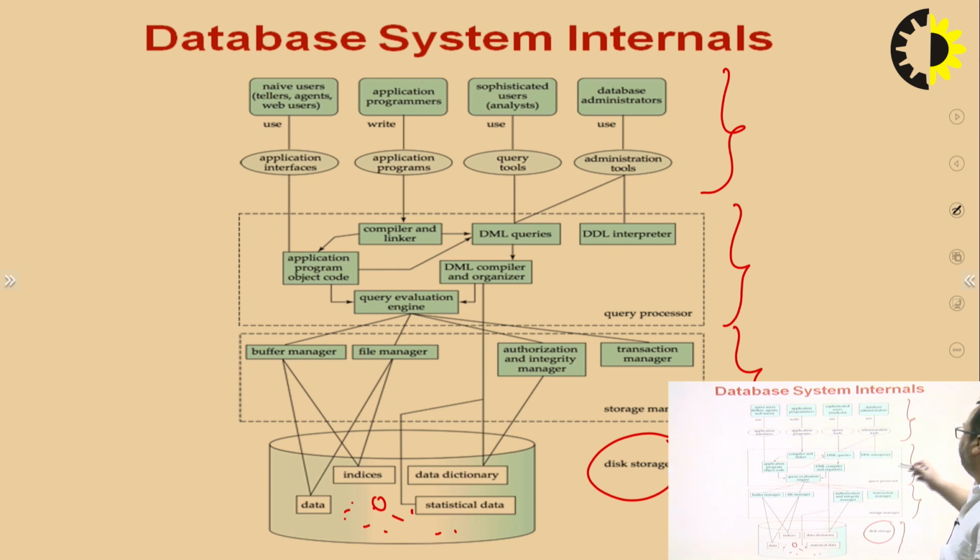The query processor is going to execute or process the query. Then the storage manager, with the buffer manager, file manager and so on, will be responsible for storing and communicating. At the last level is the physical schema.